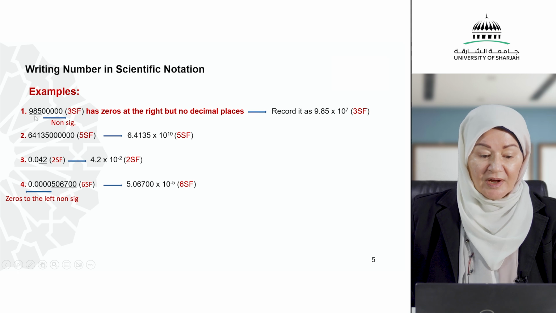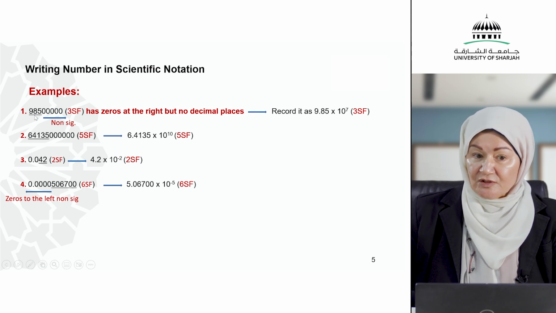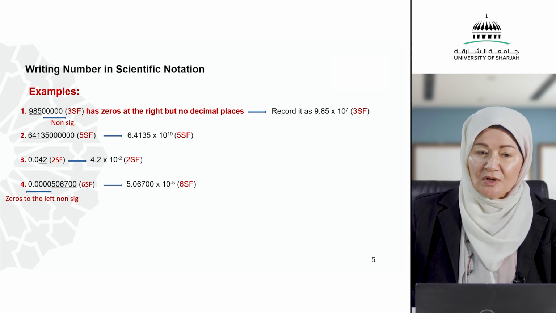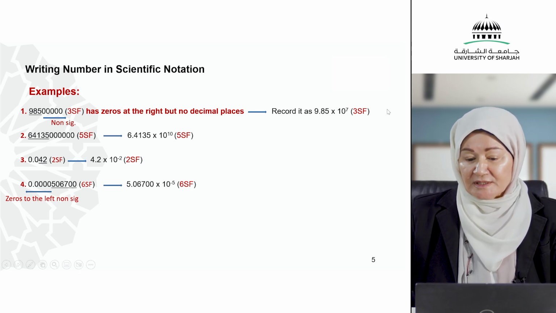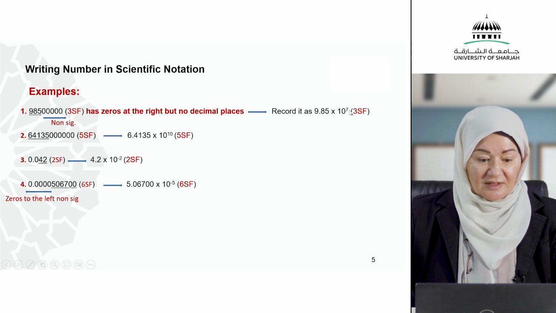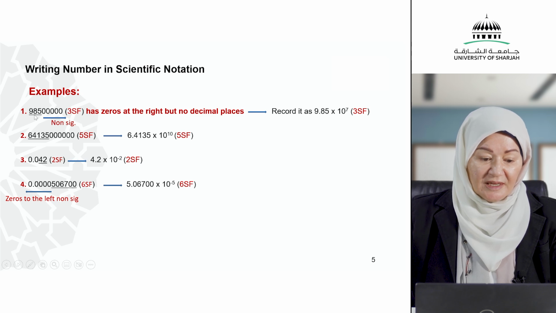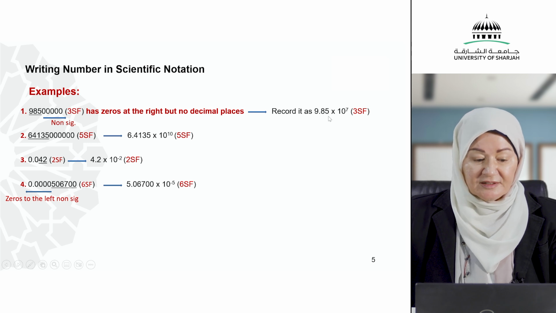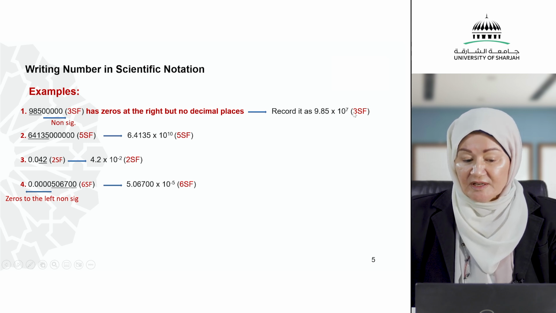I will write it in scientific notation in such a way that the coefficient is less than 10. How do I write it? 9.85 times 10 to the 7. I shift as many places as I have. I get 9.85 times 10 to the 7, 3 significant figures.